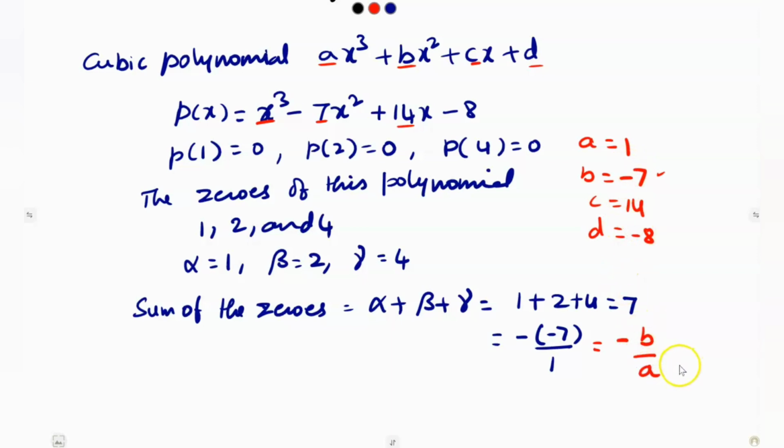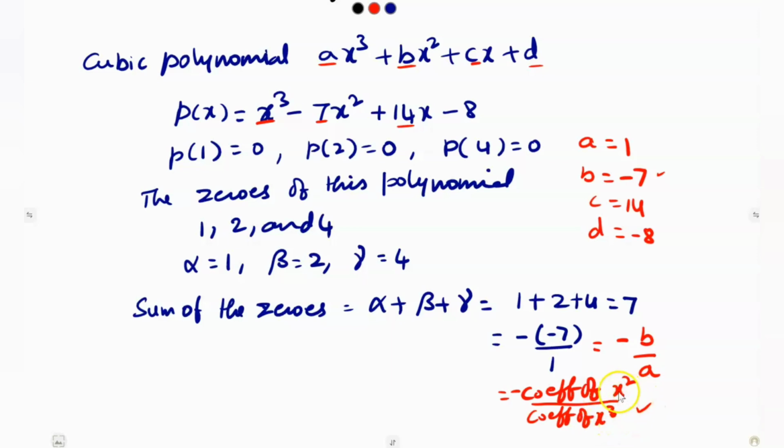So minus b by a is the relationship between the sum of the zeros and the coefficients. Or you can also write it as the negative coefficient of x square by the coefficient of x cube. So the sum of the zeros of the cubic polynomial is given by minus the coefficient of x square by the coefficient of x cube.